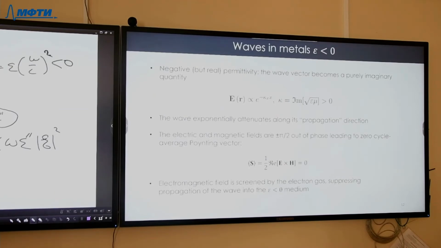They don't want an electric field inside, because this is a conductor, right? They move in such a way that the electromagnetic field's propagation inside the medium is simply screened by the electron density in the negative permittivity medium, and this is why there is no energy propagation.